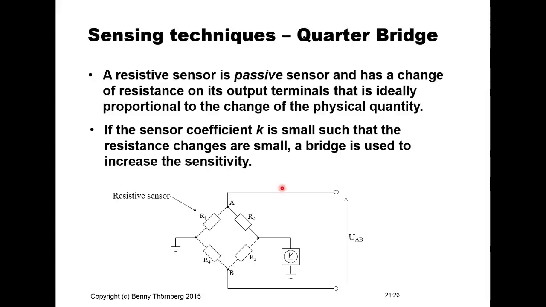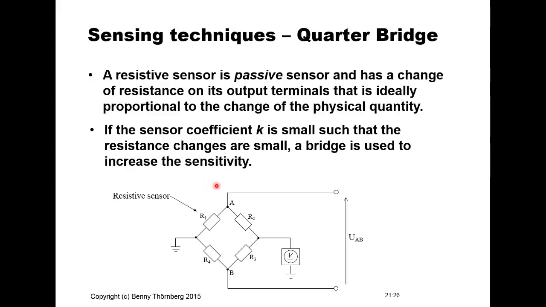This quarter bridge is a kind of electrical interface to convert the property of resistance into the property of voltage, which carries the electrical output signal, further connected to the measurement system.